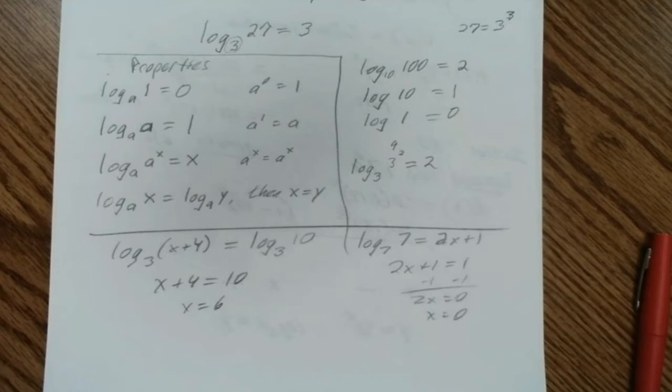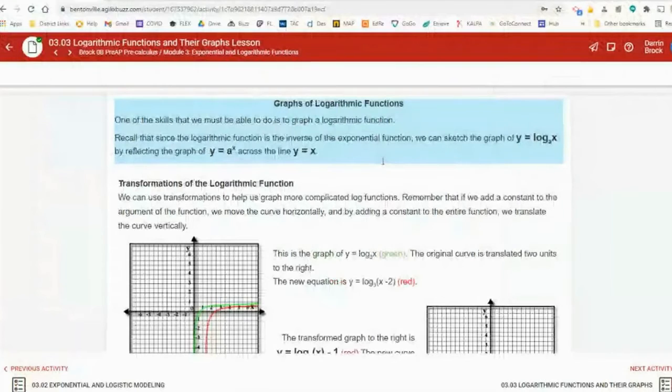So when we graph, we can transform graphs of logarithmic functions. Since it's the inverse of an exponential function, when we sketch it, it's basically reflecting the exponential function across the line y equals x, right?